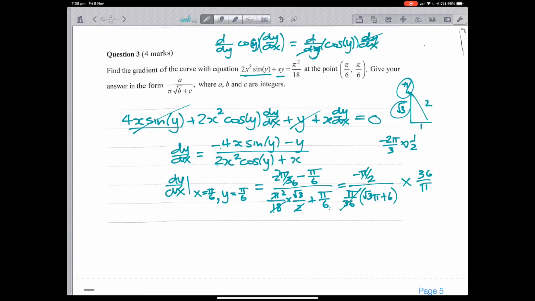So that would cancel with that. And then I've got 36 on 2, so I get negative 18 on root 3 pi plus 6. I made a video before and I don't seem to remember getting plus 6, but maybe I did.